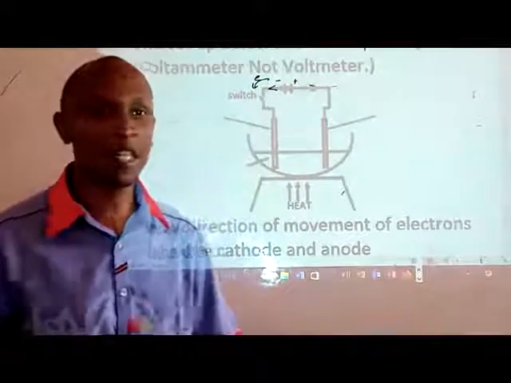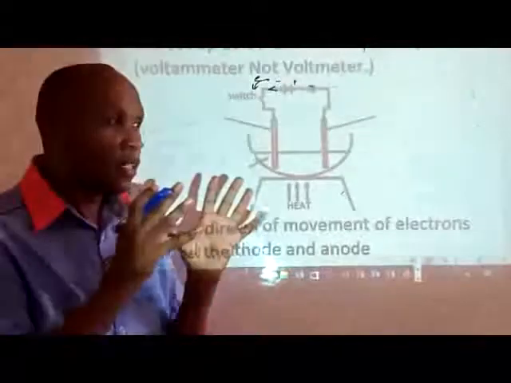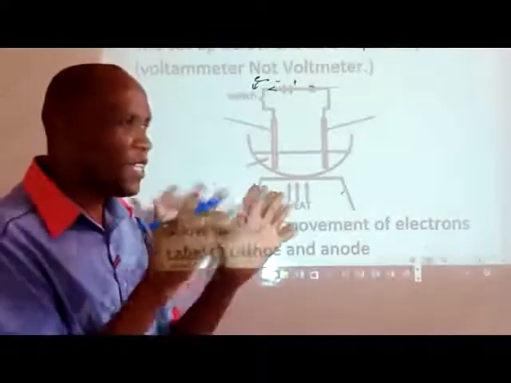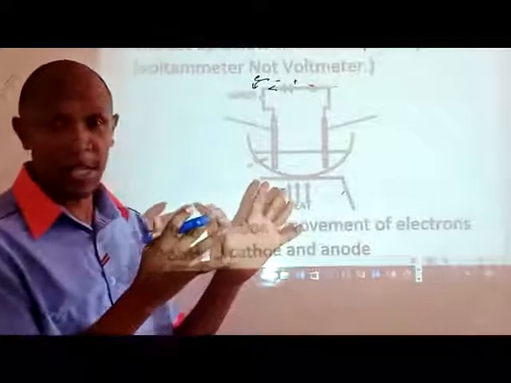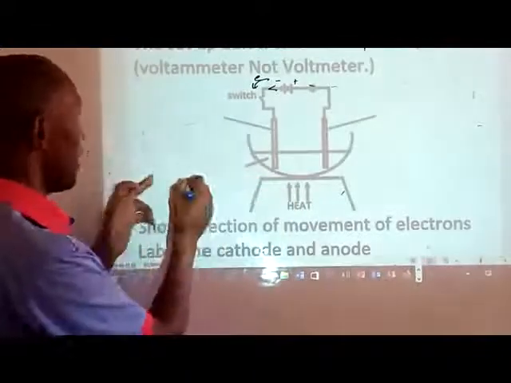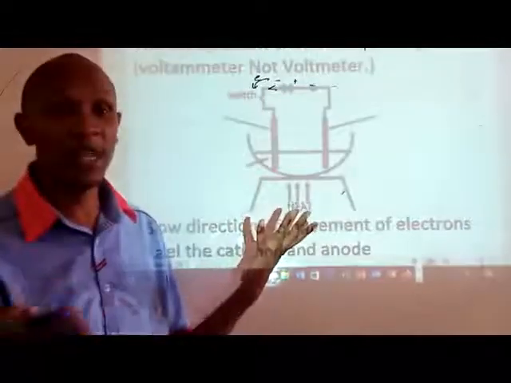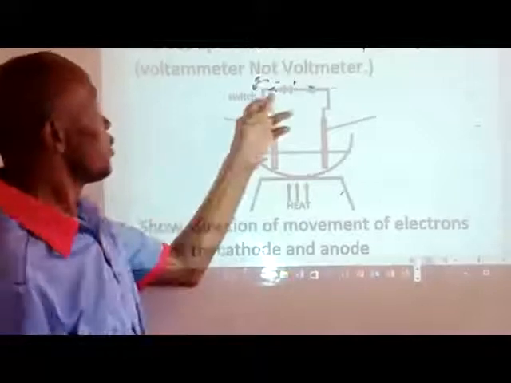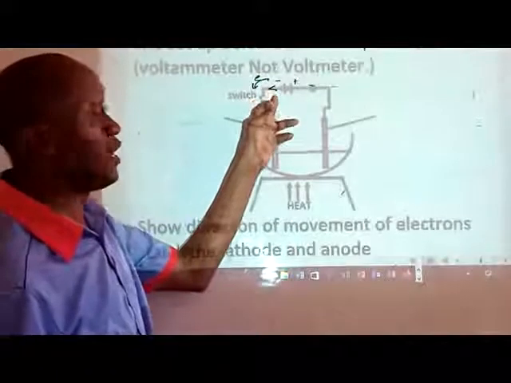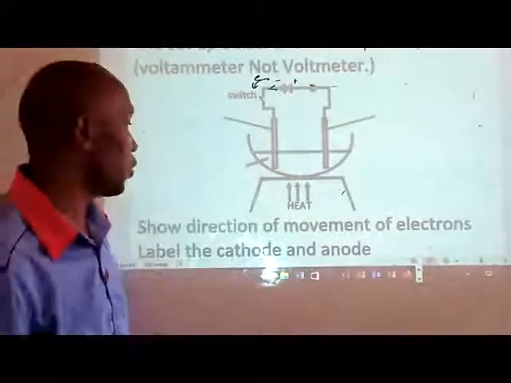That would be a very dangerous scenario, because I will not be allowed to stand next to a wire. If I stand next to a wire, I will be electrocuted, because if this is the wire and I'm standing here and the electrons are moving outside the wire, then they will get to me and I will be gone. So electrons should move in the wire. So this is wrong. This is the correct way of showing that.